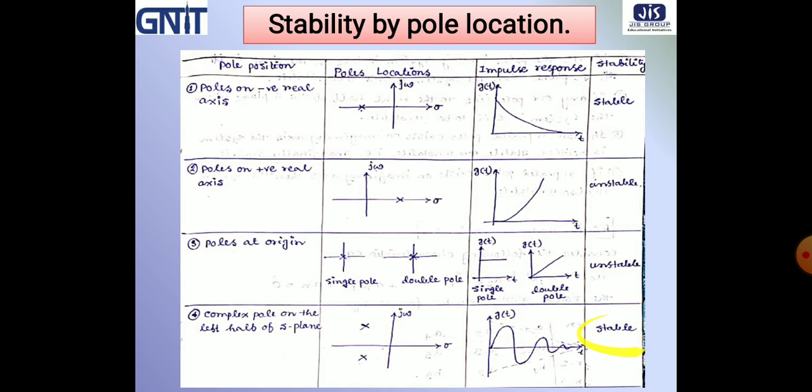That's why it is called stable. So we can conclude that if the complex poles are present on the negative real axis, then the system will be stable.